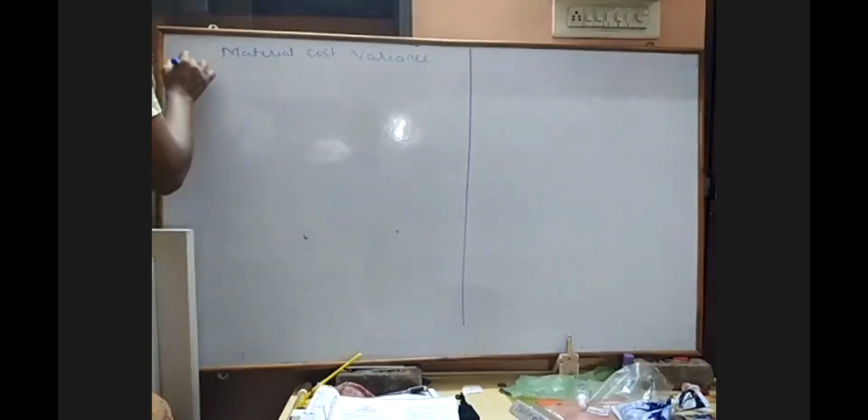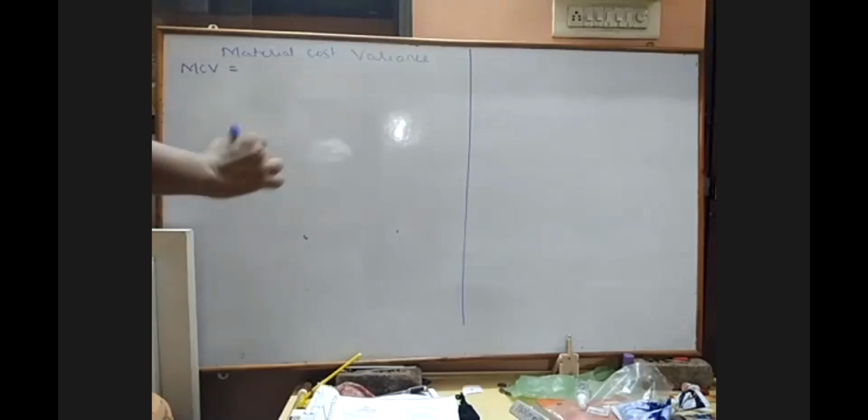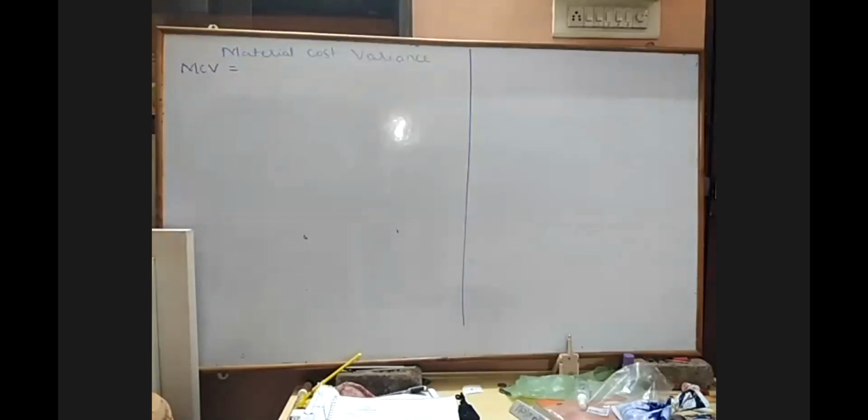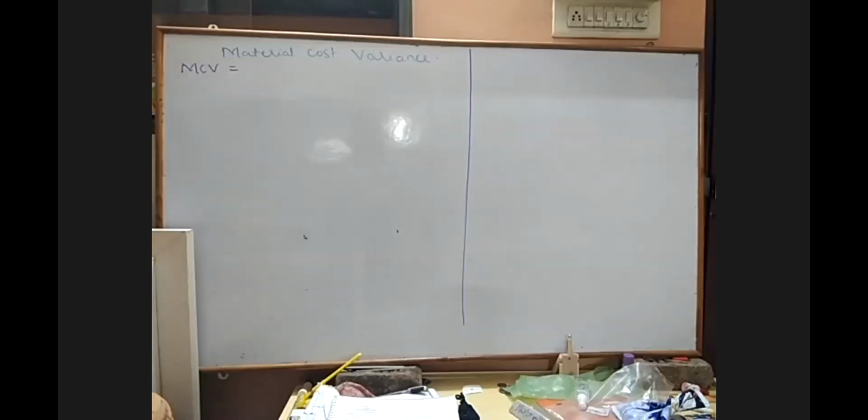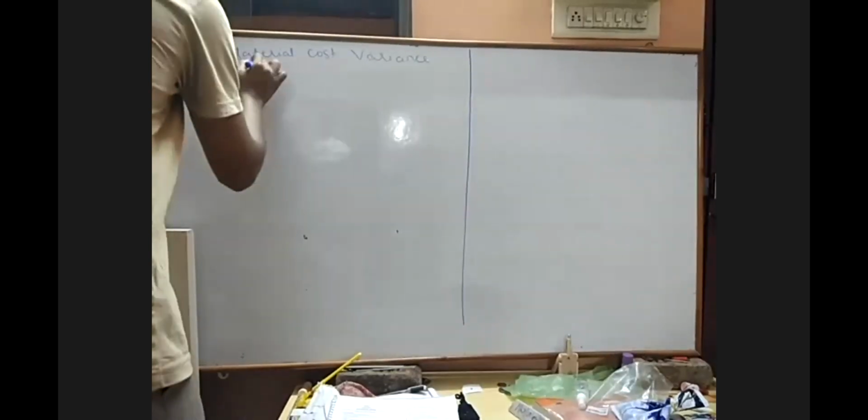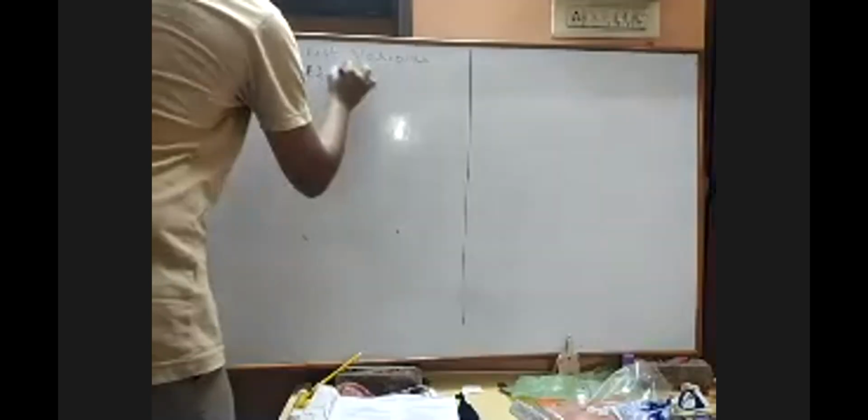MCV is equal to standard quantity into standard price minus actual quantity into actual price.